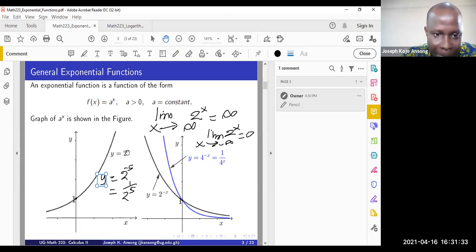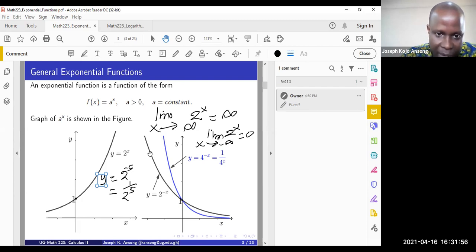Now, if x was negative, if I have 2 to the negative x, the graph is going to be this black curve here, right? That's because as x is becoming negative, this quantity becomes positive. See that? I have 2 to the negative x. So if x is negative, then the quantity is positive.